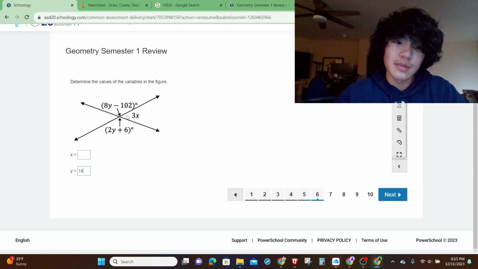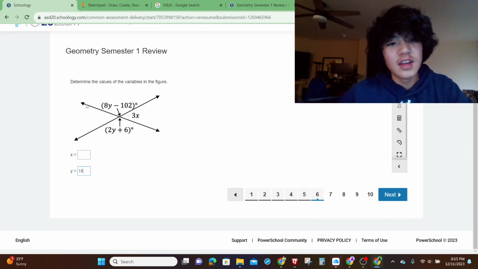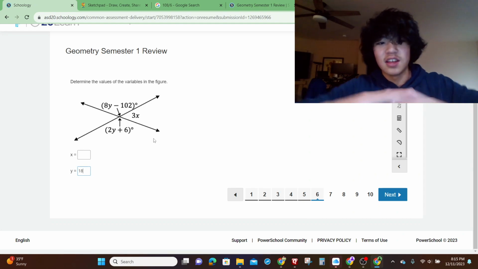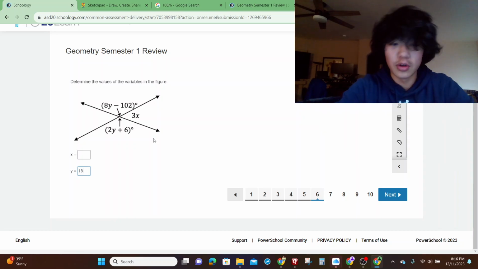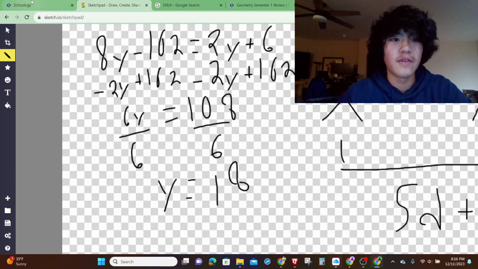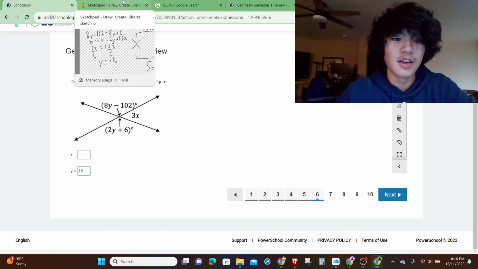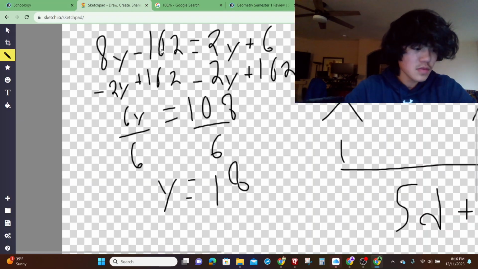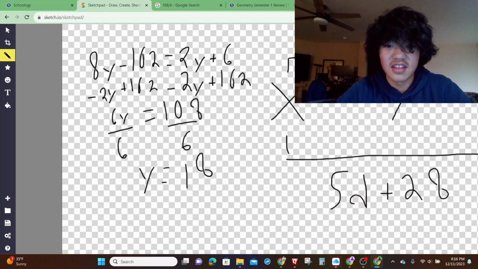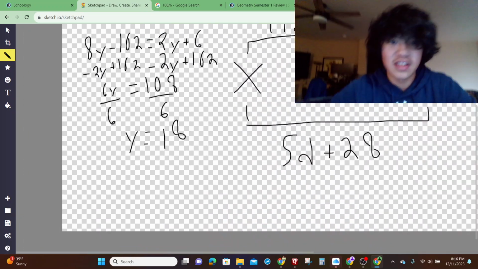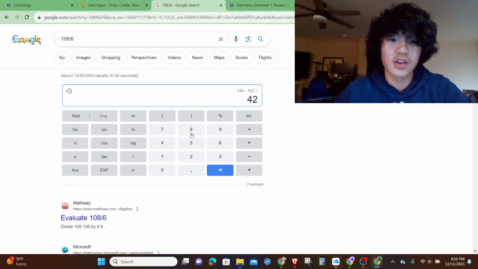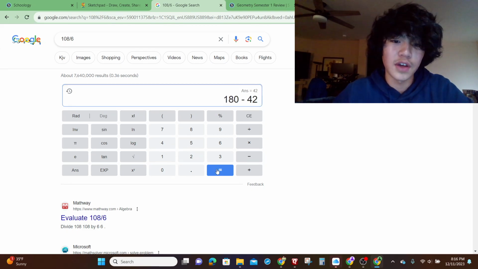So we know that this measure right here is 42, and since this is a linear pair and those add up to 180, you're going to have to find the value of 3x. First we're going to do 180 minus 42 to find the missing measure.